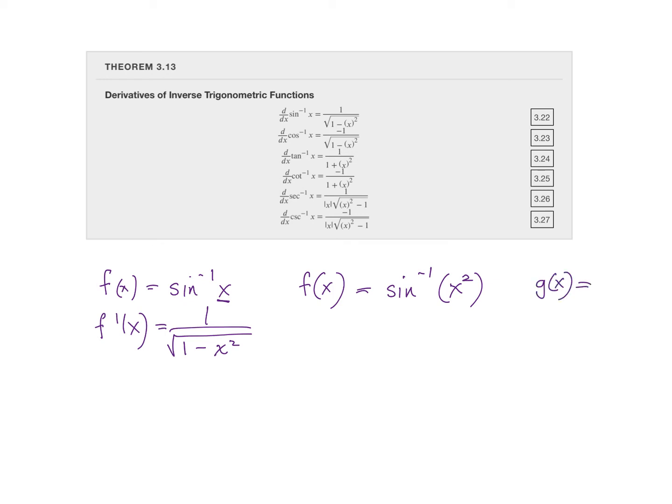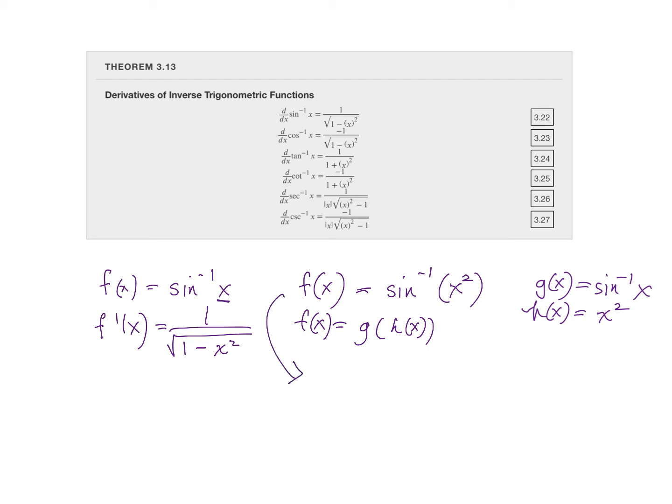If g of x is equal to sine inverse of x and h of x is equal to x squared, then f of x can be rewritten as g of h of x, correct? And then we apply the chain rule.